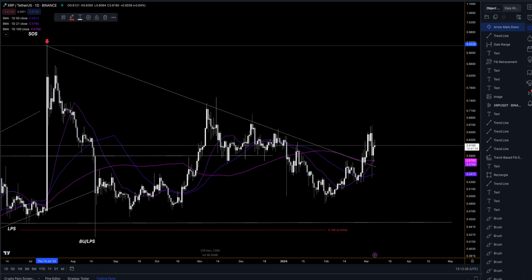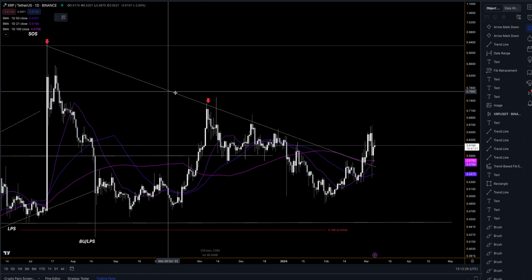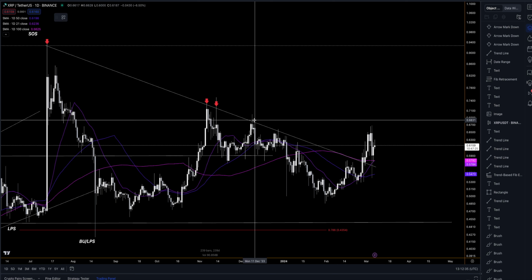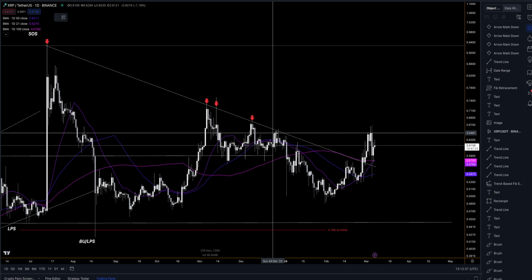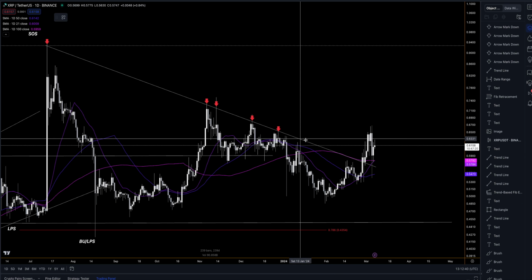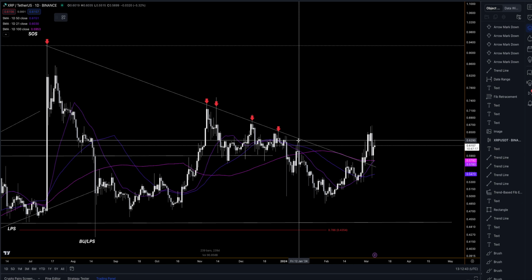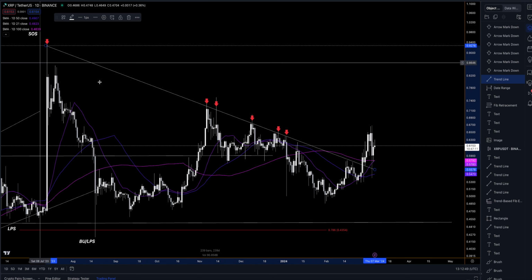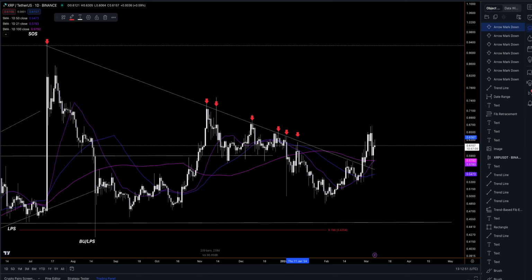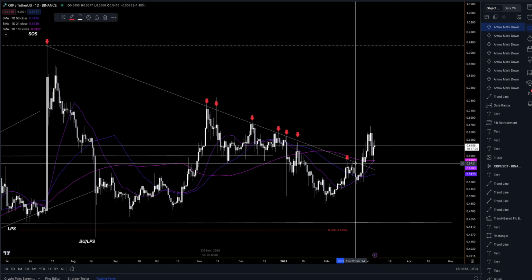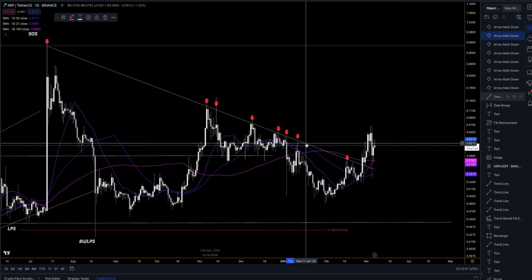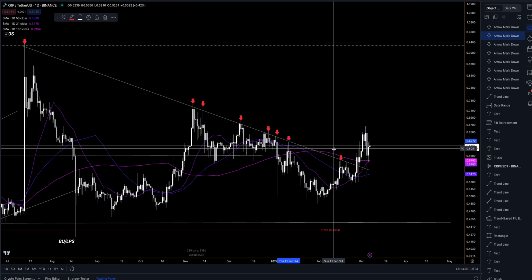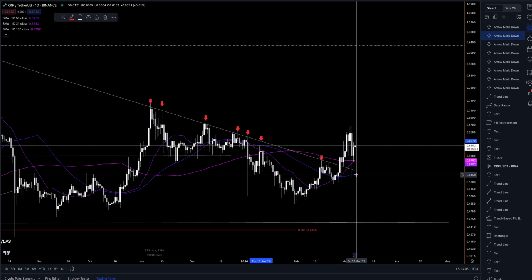You rejected off of it once, twice, 3, 4, 5. You can even put it down a bit and say that's your 6, 7, and your 8. So we rejected off of it more than 7, 8 times here. And now we're above it while also holding the key moving averages on the daily time frame.